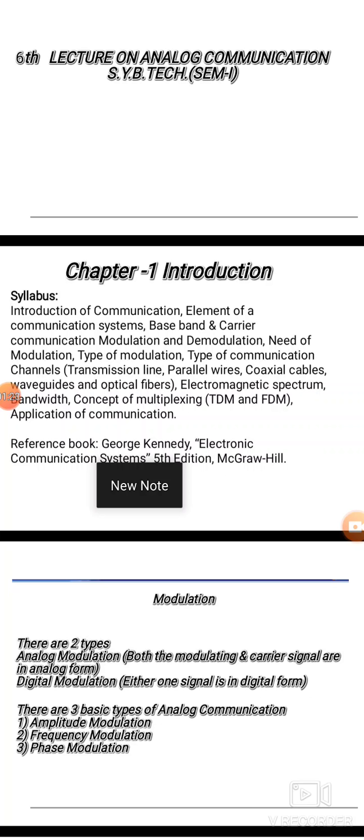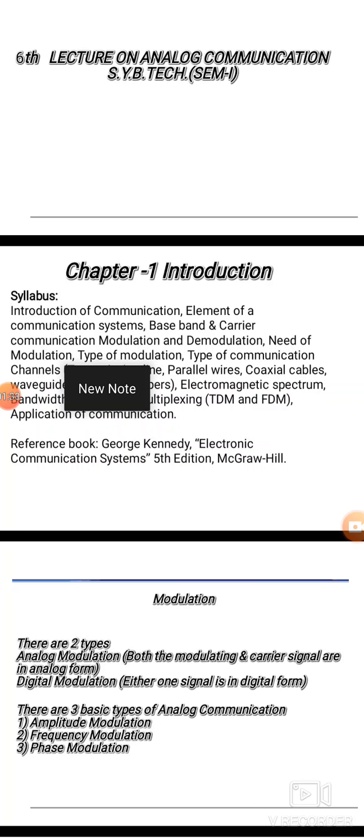From the experiment point of view also, we first have to be theoretically clear with the sub points in modulation. So we are going to see which types of modulation there are in this lecture, and then we will go for the need of modulation.